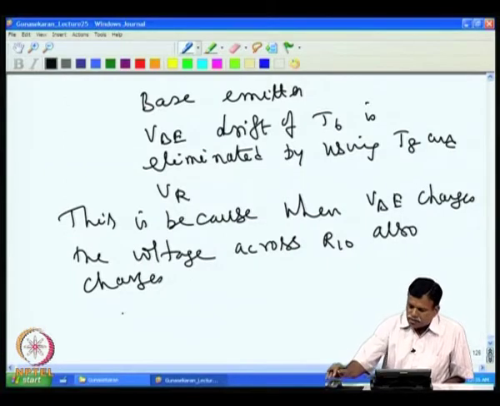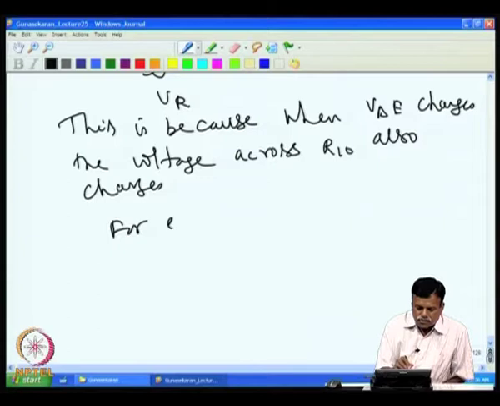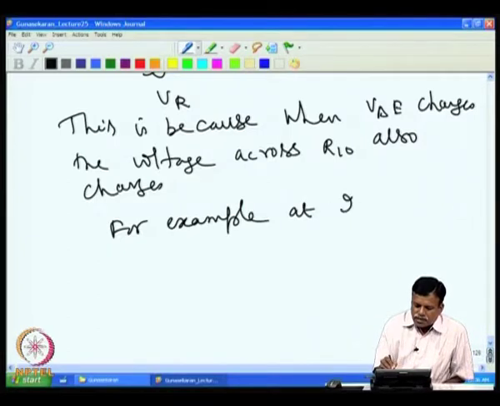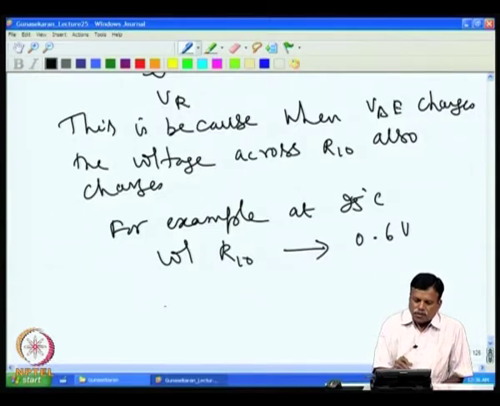For example, at 25 degree C, the voltage across R10 is actually 0.6 volt.